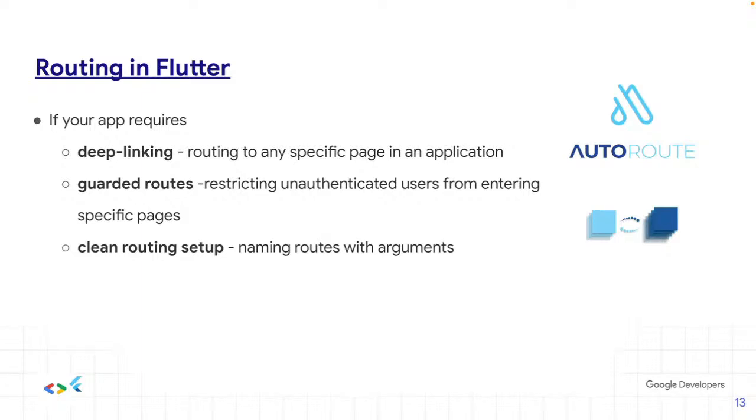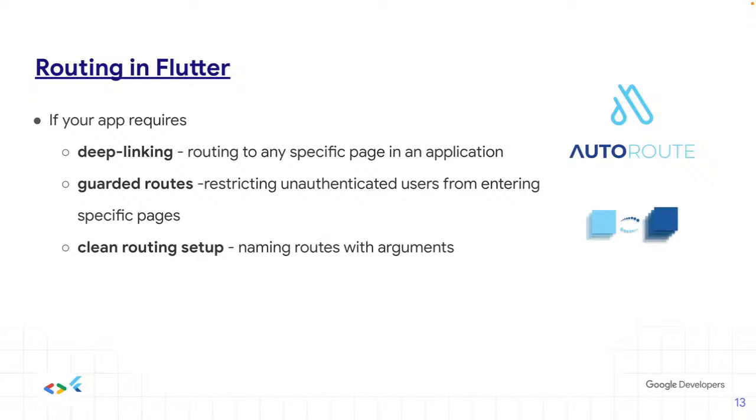And then there is also something called guarded routes. Now, let's say you're building an e-commerce application, or it could be any application but with authentication. What you would want is only the authorized users, or the logged in users, to enter, let's say, the cart. So you have saved some items in your cart, and if you want to view those items, you have to be an authorized user, right?